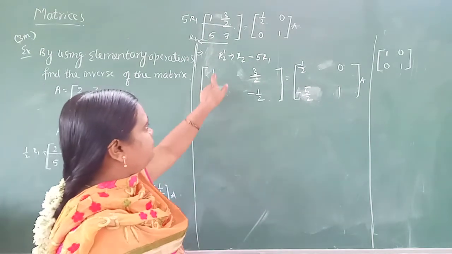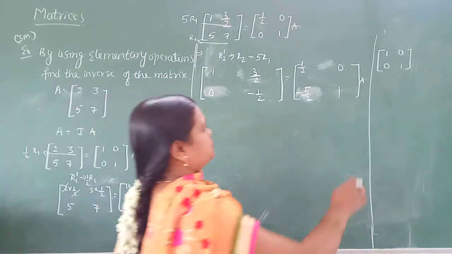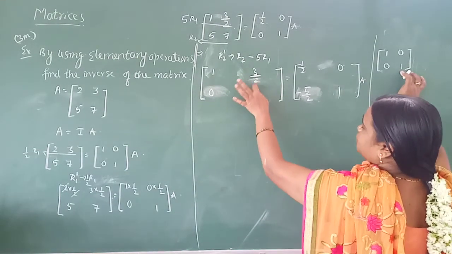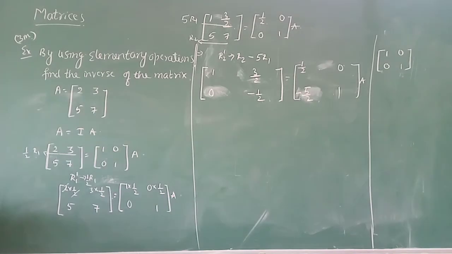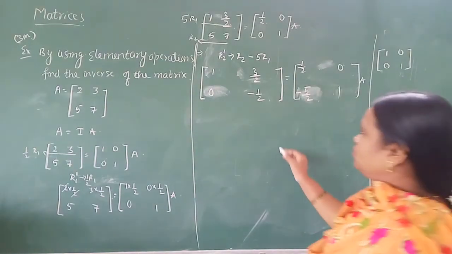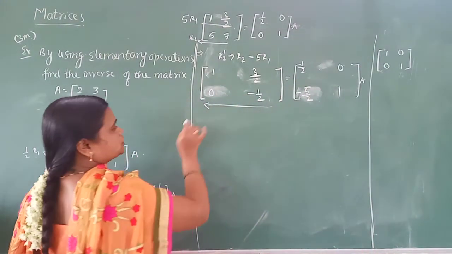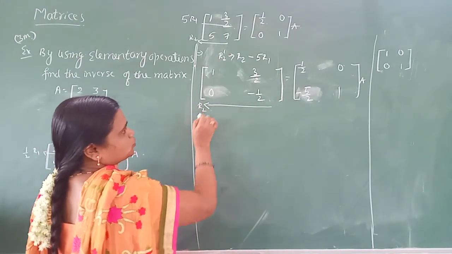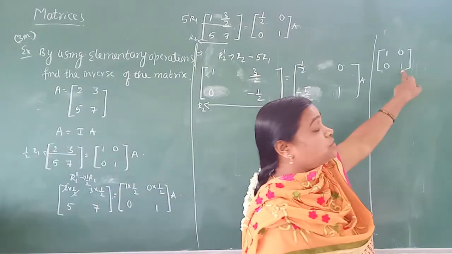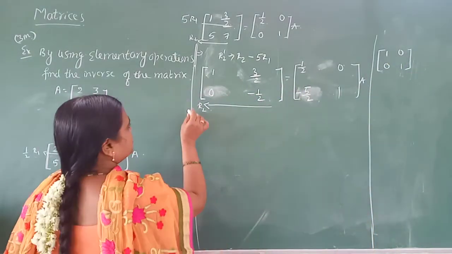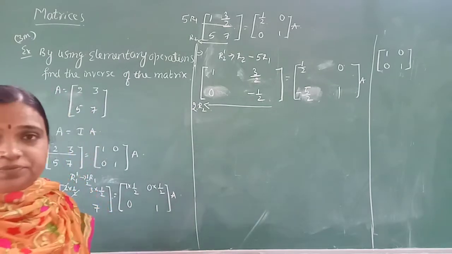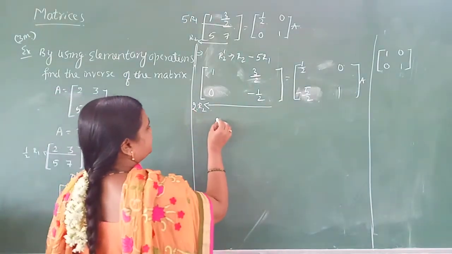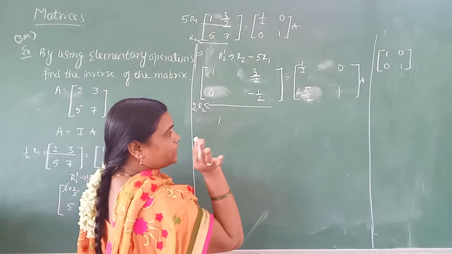We have done the 1 and the 0. Next step: I want to convert this entry into 1. Only this row changes; this is R1 and this is R2. To convert it into 1, we multiply by 2 so that the 2 gets cancelled. There are changes only in R2.